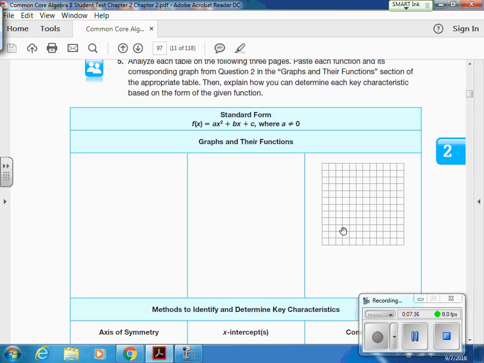All right, so question 5 on page 97, it says, analyze each table on the following 3 pages. Paste each function and its corresponding graph from question 2, graphing a function section of the appropriate table, then explain how you can determine key characteristics based on the form that you have been given.